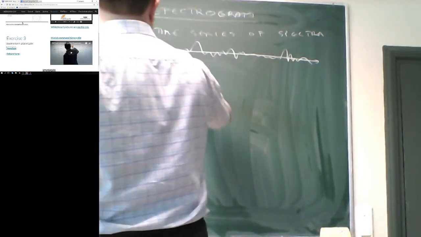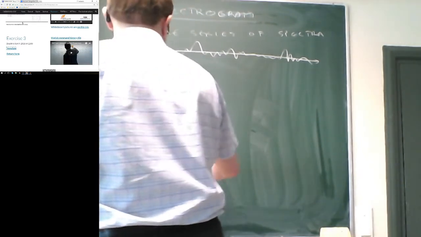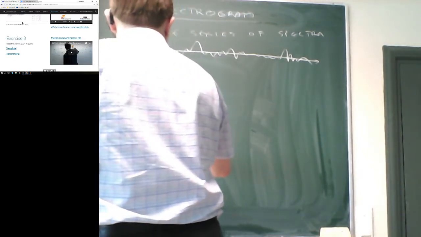Then we take another sample here, that would be the second, and do the same thing. And we have a little bit different frequency components on that one, and so on.